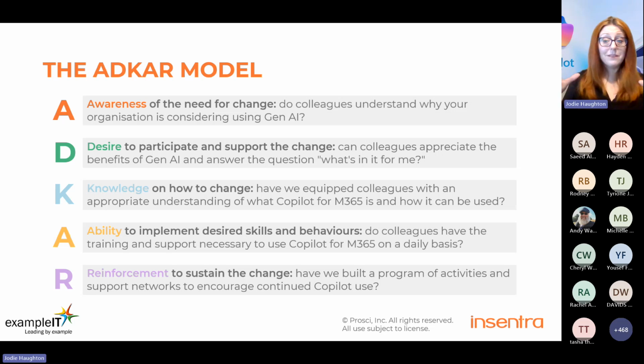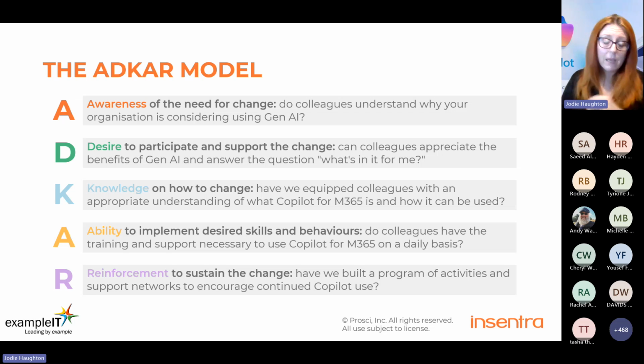If you give Copilot licenses to all 10 and make sure that their manager is involved in setting aside some time in a couple of their huddles to go, cool, what have we done in Copilot this week? Have we worked out a way maybe to streamline this process using AI? Then you'll stand a much better chance, A, of getting the best out of your use cases, but B, also reinforcing that behavior.